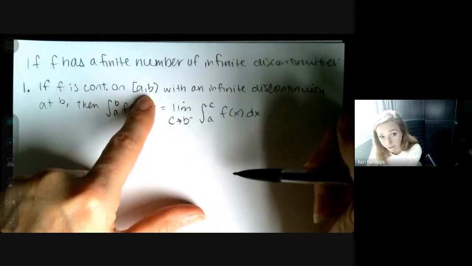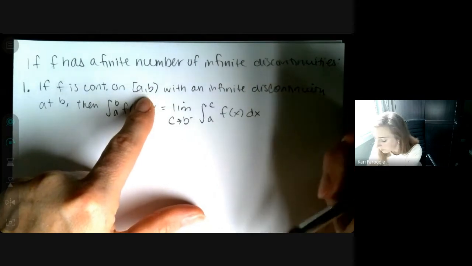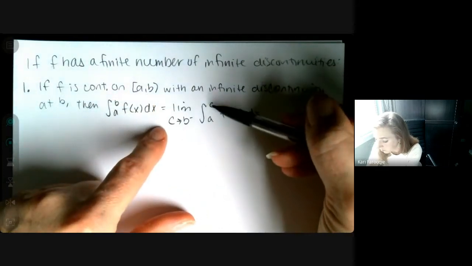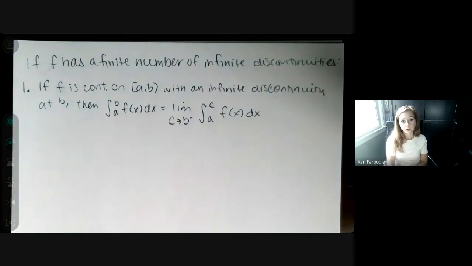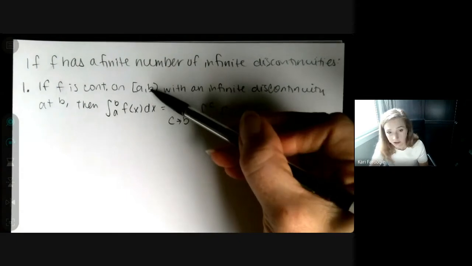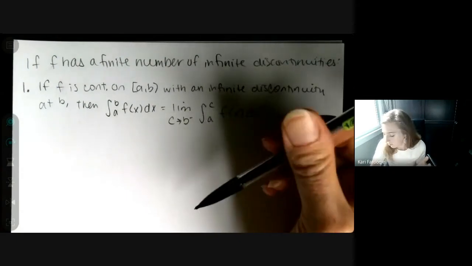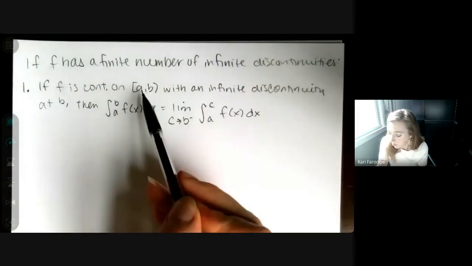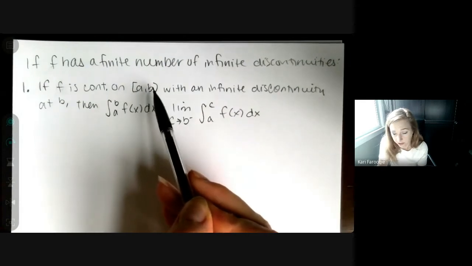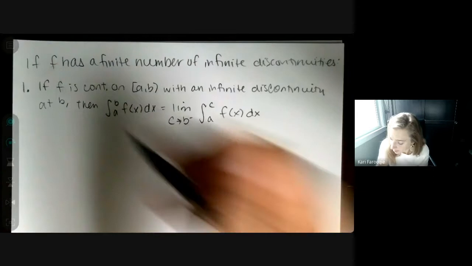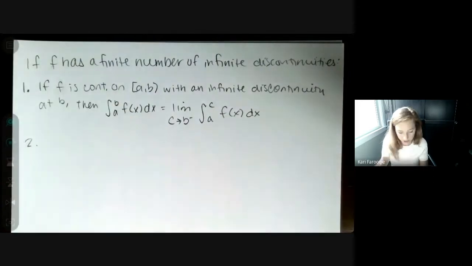So if we have the vertical asymptote at b, then that's what we're going to replace, and we're going to take our limit and send that variable off to b. And the reason we're approaching from the left is because b would be the right endpoint. It's open, but we can only approach b from the left if we're inside this interval because b is on the right. We're going to switch that for the next scenario.